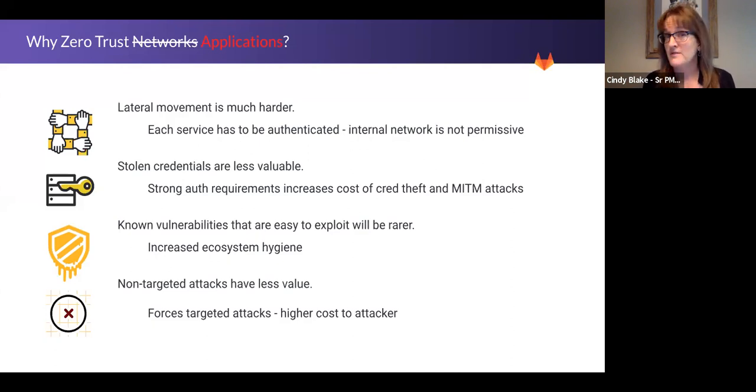They have a much bigger blast radius, so that becomes a really sought after target for drive-by casual things where an attacker just wants to wreak havoc and is not specifically targeting you. So if you're scanning your dependencies and you've got all of this good hygiene in place, then you're less likely to have problems there as well.